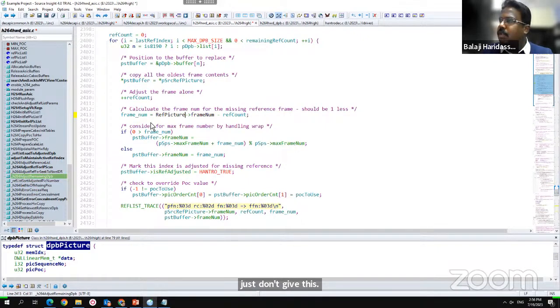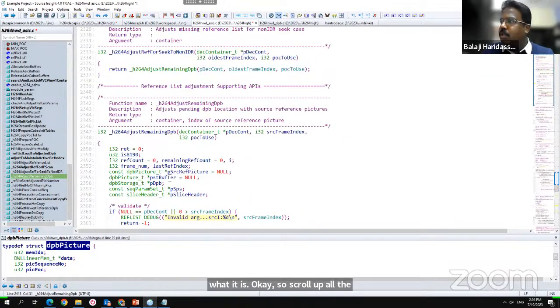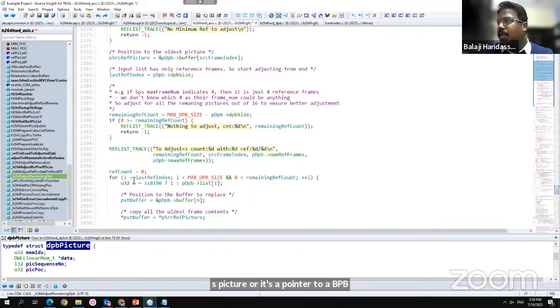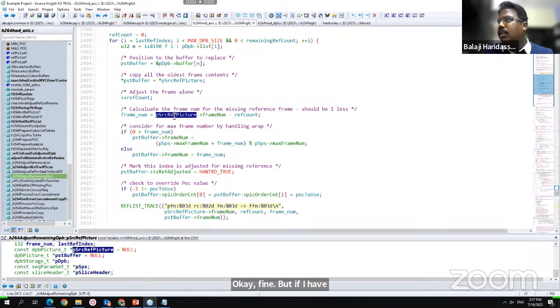I have no idea what it is. Okay, so scroll up, all the way scroll up. Oh, rough picture is what? Where is the rough picture? Rough picture, oh, it's a pointer to a DPP, constant DPP pointer. Okay, fine. But if I have some prefix here, oh, this one is nothing but a pointer to some structure.